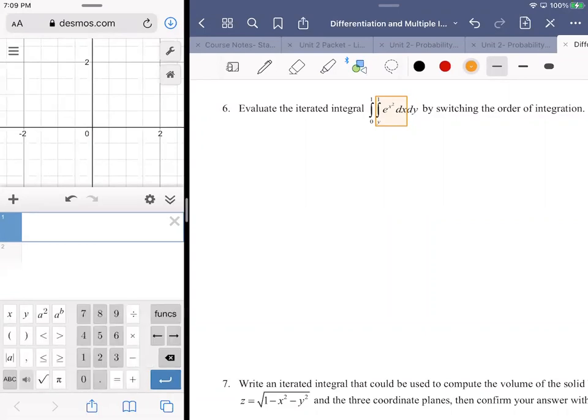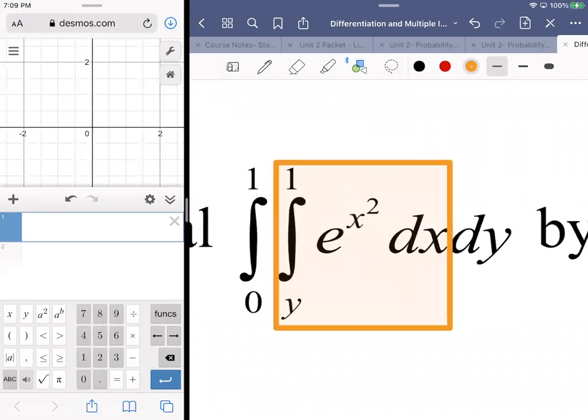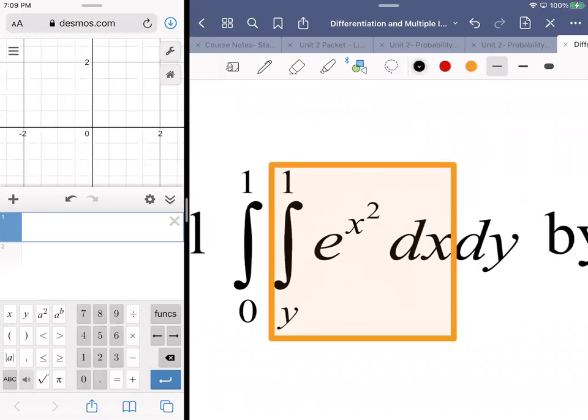All right. So when we look at the bounds here, it's very often glossed over and forgotten that those bounds are functions, and it's all dependent on whatever the variable of integration is. In this case, it's a dx, which means that I'm going from x equals y to 1.